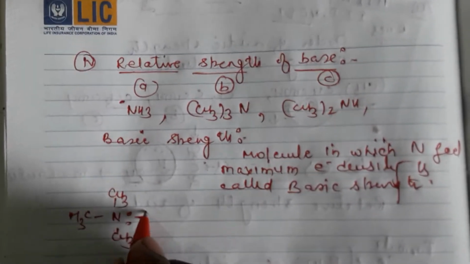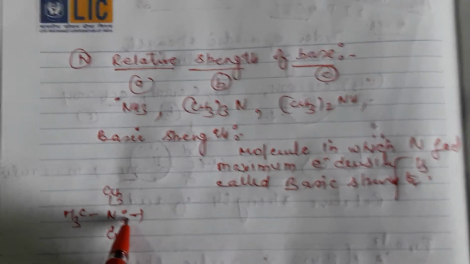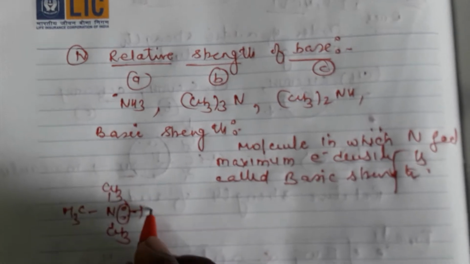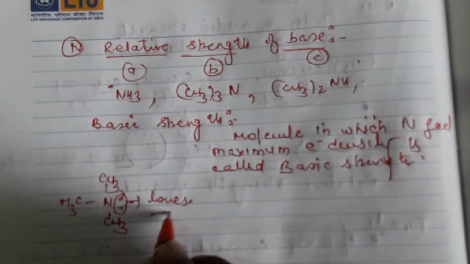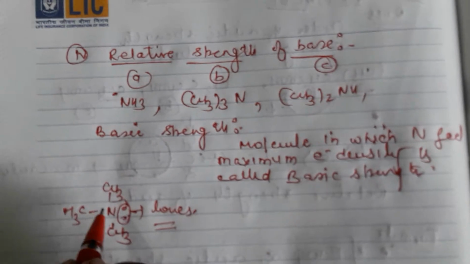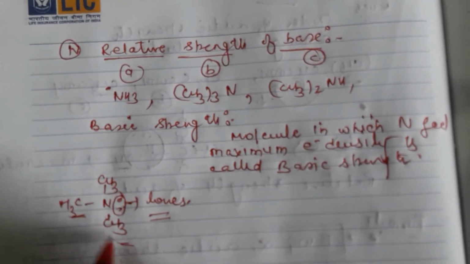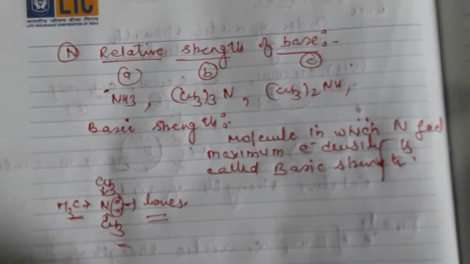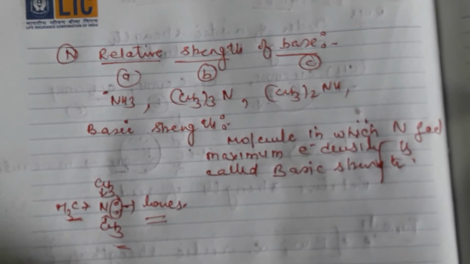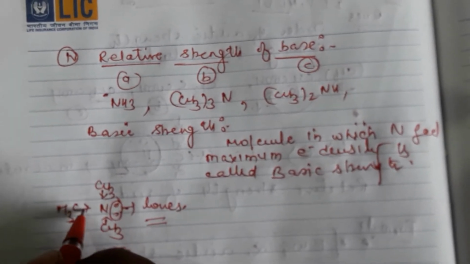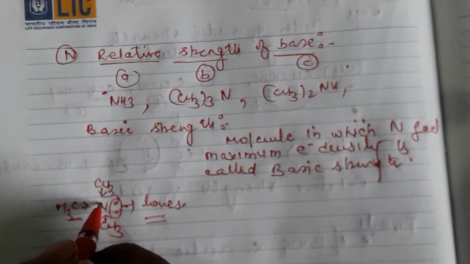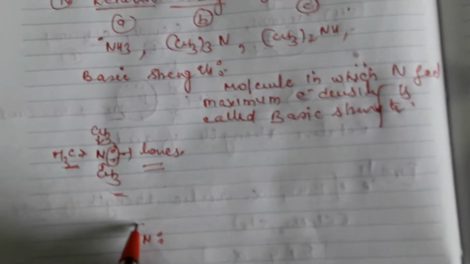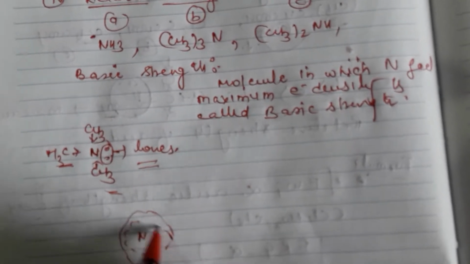In this molecule, it is able to donate its lone pair, so nitrogen having a lone pair is already basic, but when it is attached to 3 CH3 groups, the electron density will be much more. These electrons flow towards nitrogen, so nitrogen feels electron density much more, that's why the electron density towards nitrogen will be maximum.